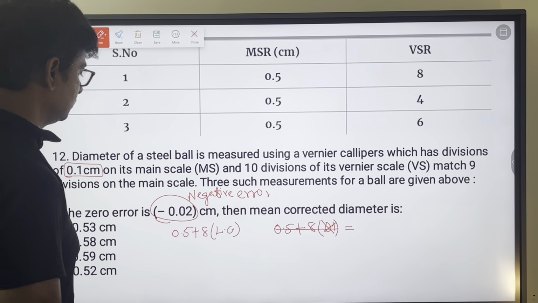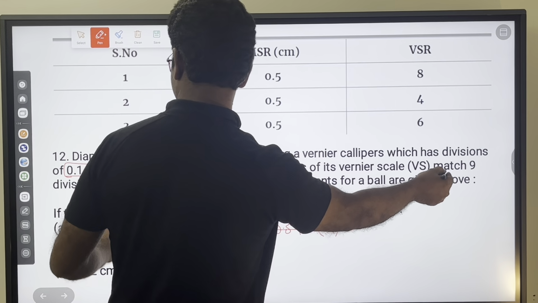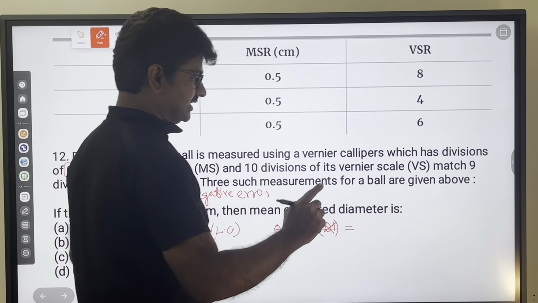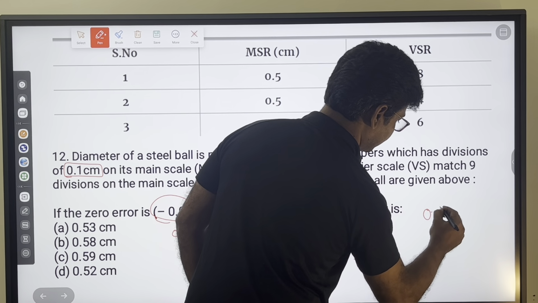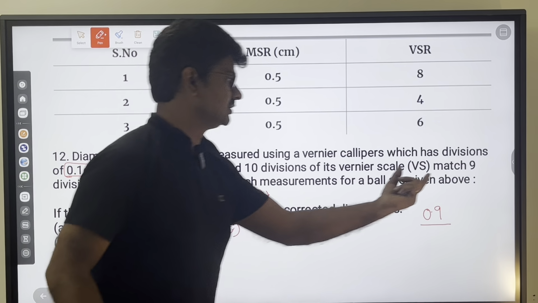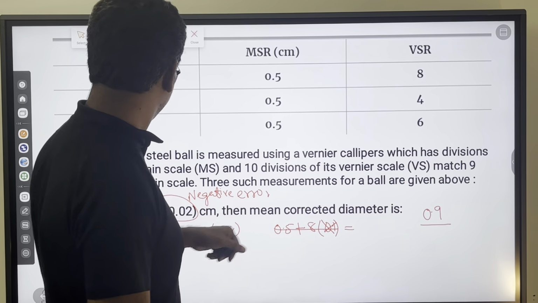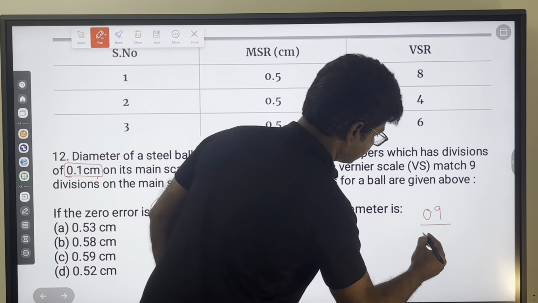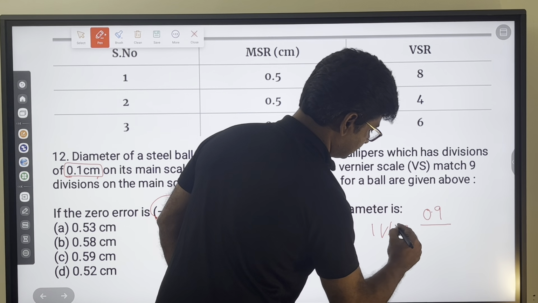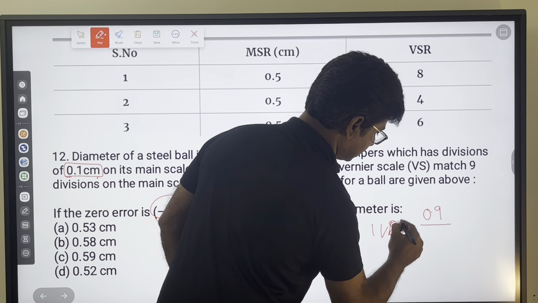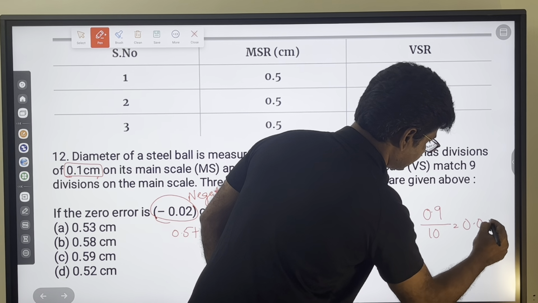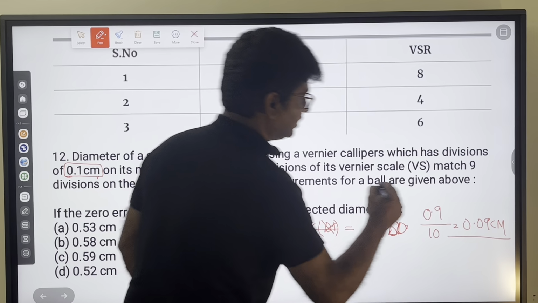So in all the cases, what is the least count? We know 9 main scale divisions match with 10 vernier scale divisions, and each main scale division is 0.1 centimeters. So 9 divisions means 0.9 centimeters, divided into 10 vernier scale divisions. So 1 VSD is 0.9 by 10, that is 0.09 centimeters.